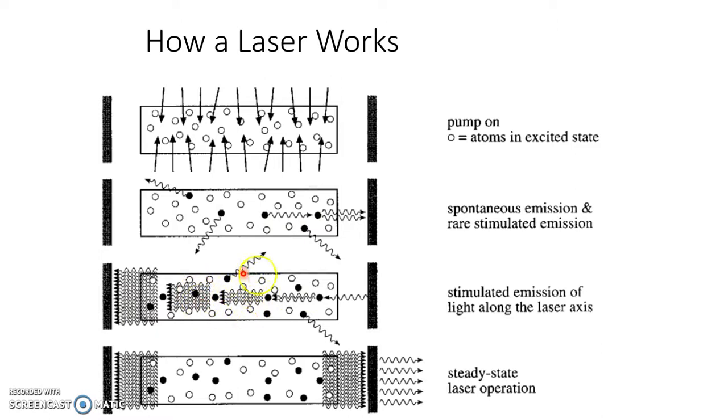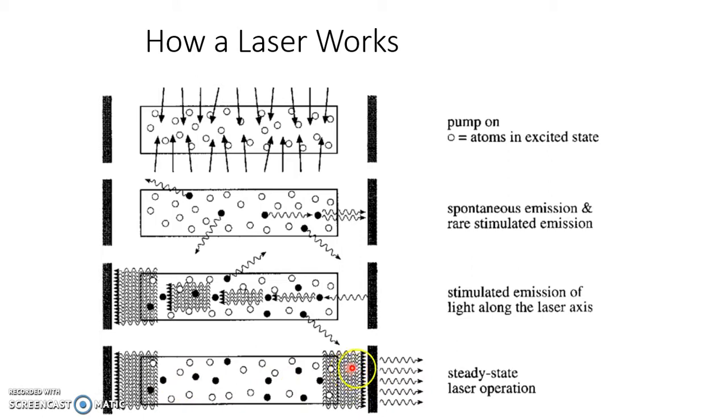As more photons are released, they collide with each other, which leads to multiplication of photons. And mind you, these photons will be in phase. All of these photons will be in phase. So as the amplification and multiplication of photons takes place, eventually a state is reached which is called a steady state laser operation.